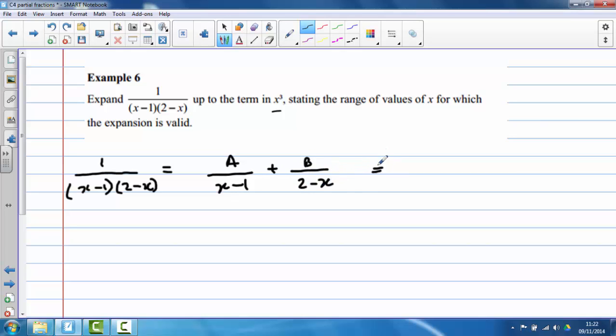Okay, if you were to solve this, multiply through, and substitute in x equals 2, we get b equals 1, and if you were to substitute in x equals 1, then we should also get a equals 1.